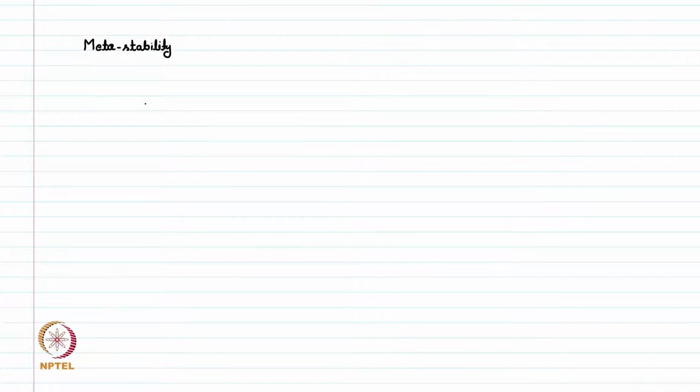So, this is called the metastability. We just discussed that we have this butterfly graph.